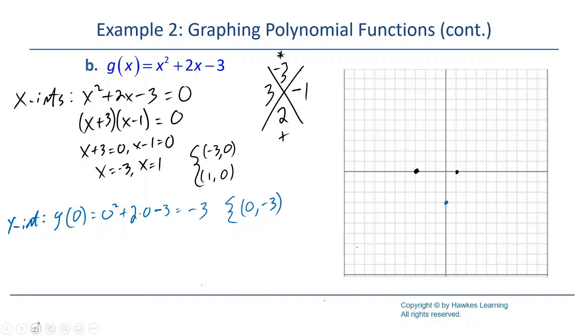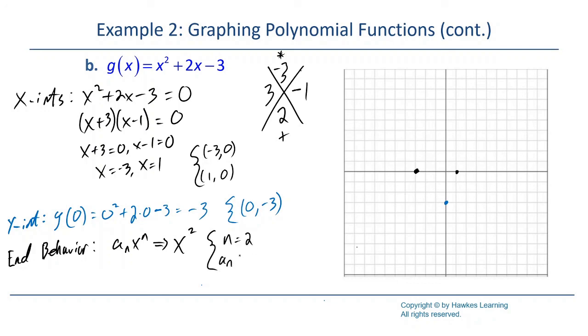And then finally, the end behavior. So again, what is an x to the n in this? What's the highest power? Well, the highest power is 2. So we have x squared, which is going to give us that n is equal to 2, and a sub n is equal to 1.